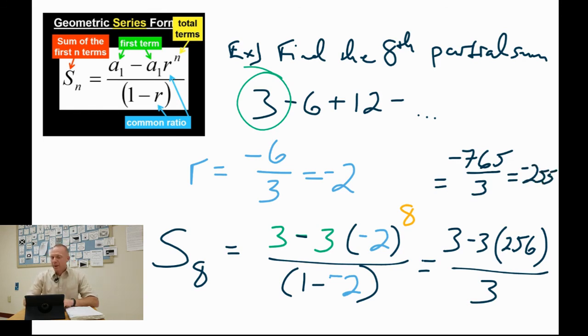Interesting, if I would have listed out the remaining 5 numbers, they apparently would have started to get pretty big, or maybe I should say pretty small, because we're going to end up with a negative value. In other words, our final answer being a sum of negative 255.